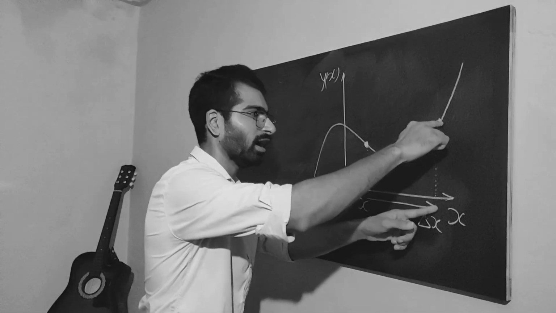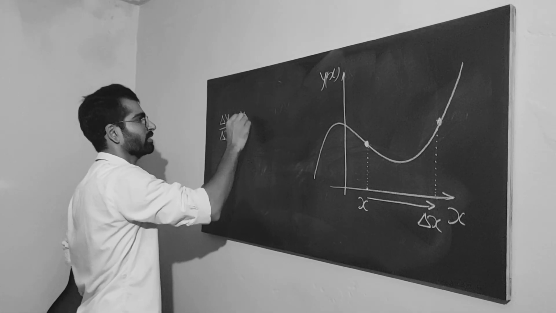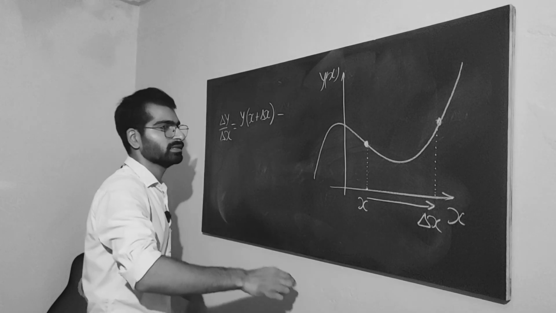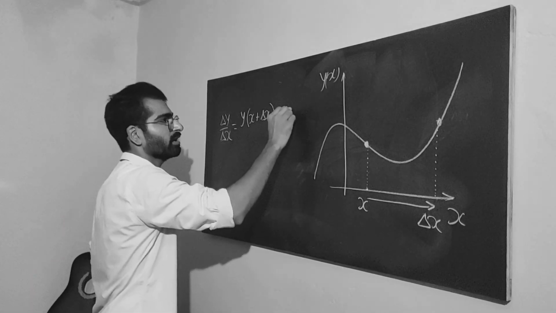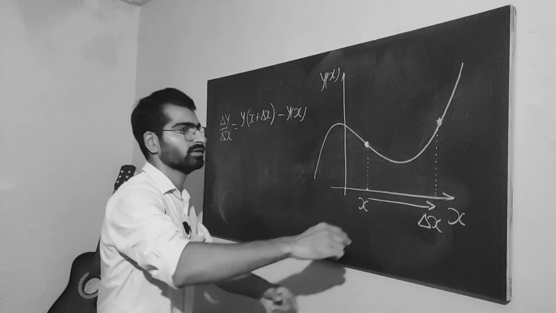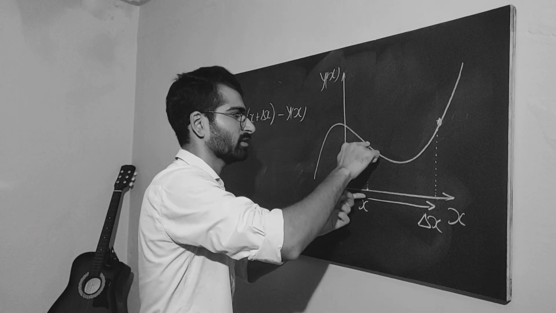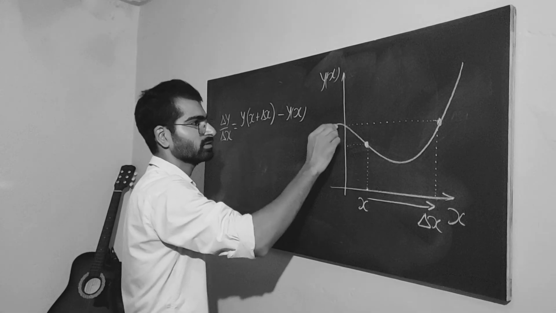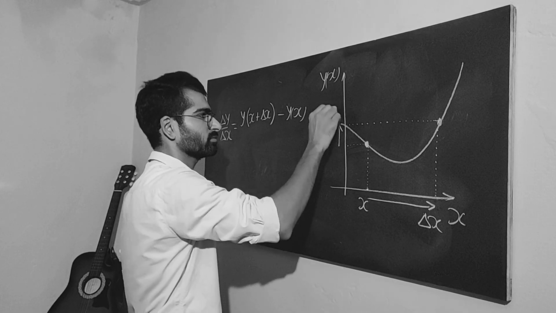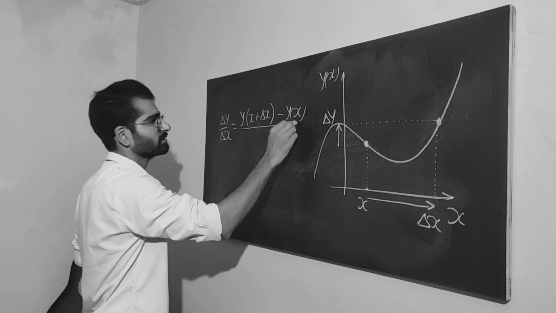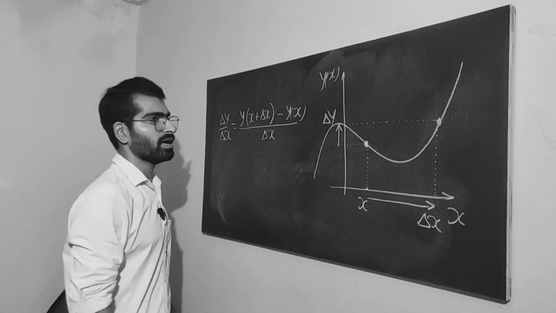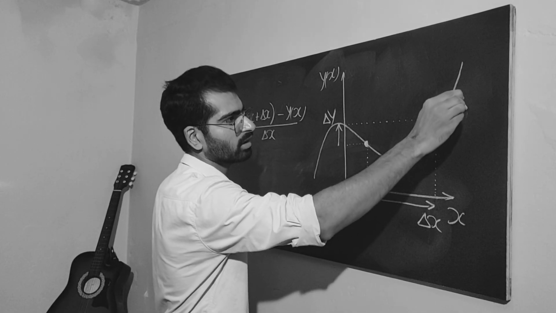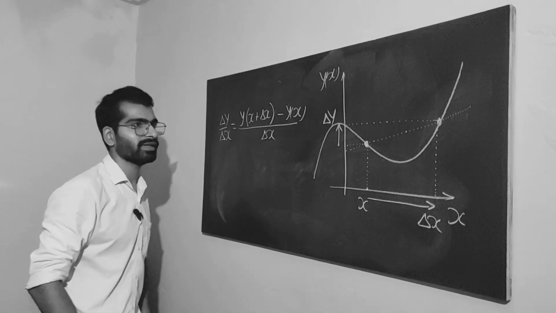So the height at x plus delta x minus the height at x, right? You subtract this by this, you get this. That's your delta y. And you divide it by the side step that you have made. And so this is the average slope, and it is going to look like something like that.